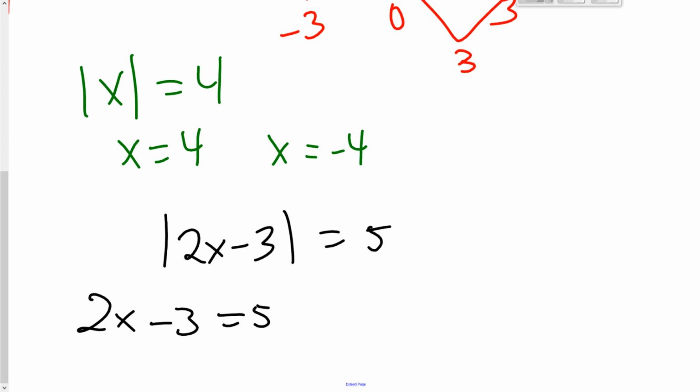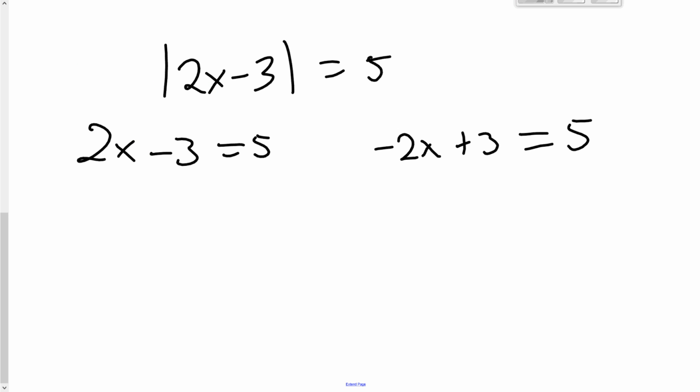The second equation, you want to negate or take the opposite of everything inside the absolute value bars. So take the opposite of a positive 2x, take the opposite of a negative 3, and now set it equal to 5, because we want the opposite, just like it was 4 and negative 4. Now we can solve both these equations, so we have x is equal to 4.